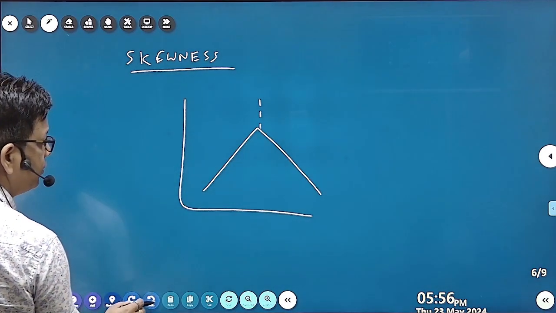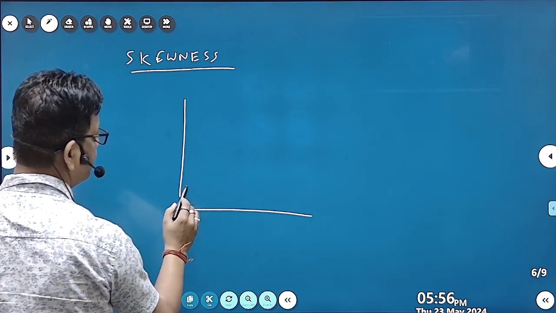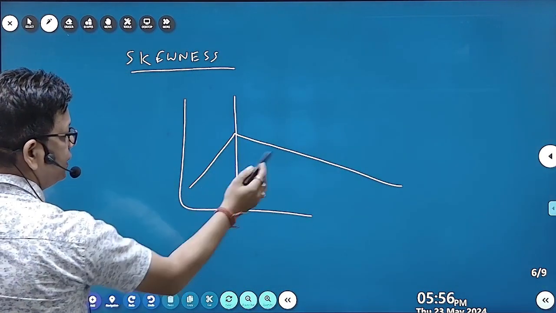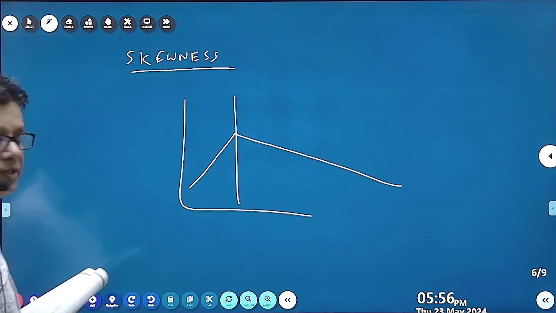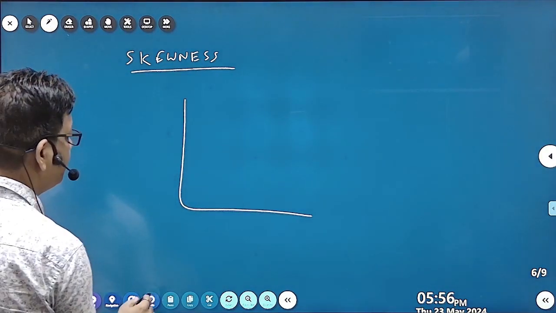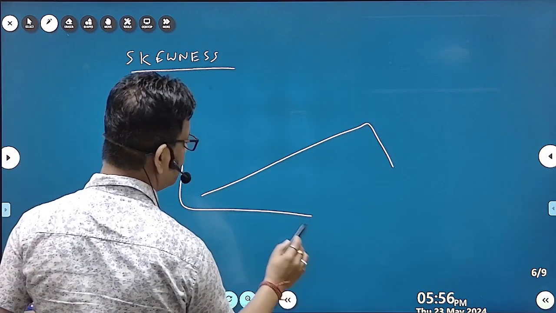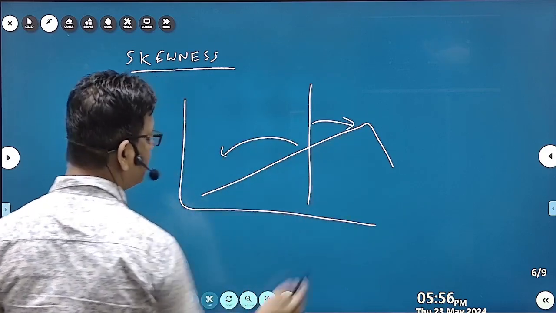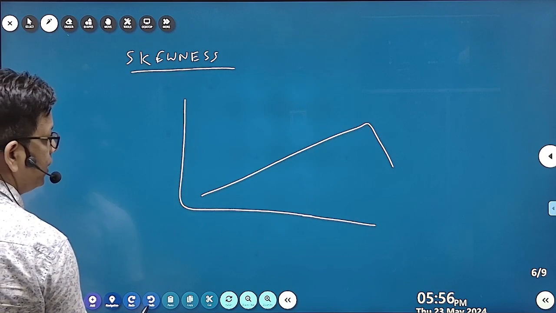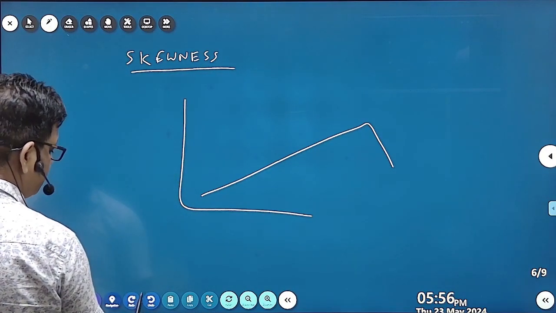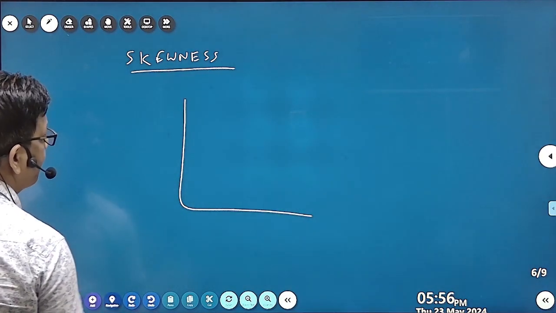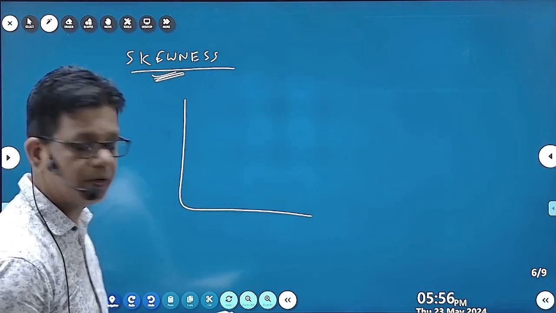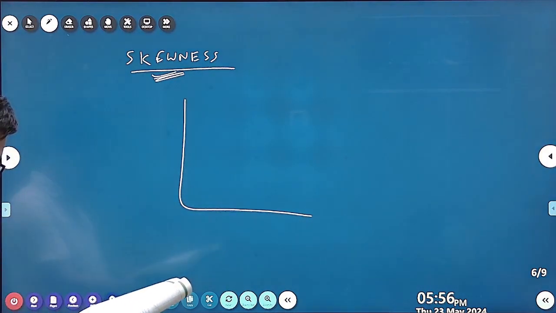But if I draw a figure like this, this portion and this portion do not look the same, so this is not symmetric. Even if I draw the figure like this and divide it here, the two portions are not symmetric. So skewness refers to how much the data is not symmetric.